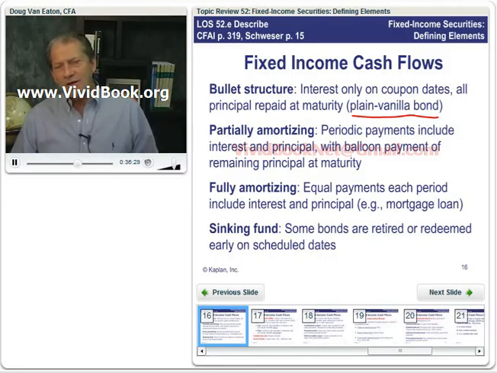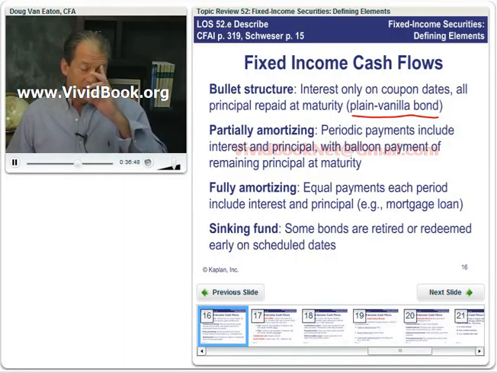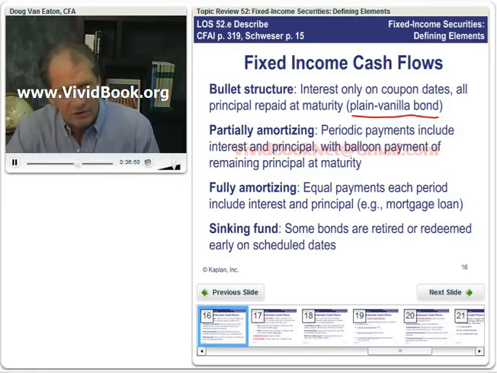The lenders go, well, the company says they're going to have $20 million for us 20 years from now. How do we know that's true? So companies would set aside funds into a sinking fund, but in the absence of any legal structure, meaning lenders couldn't put their hands on that, as soon as the company ran short of cash, they'd run to the sinking fund and take the money, as any of us would, of course.